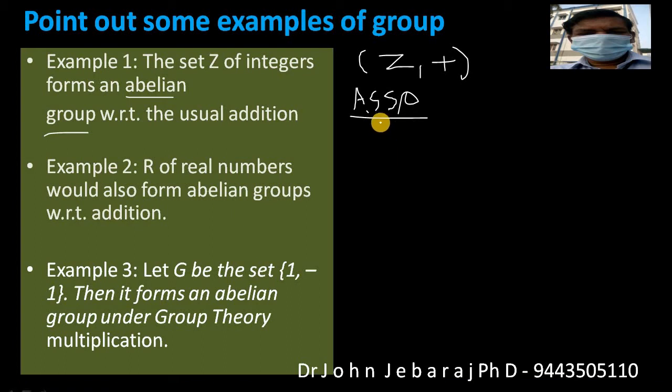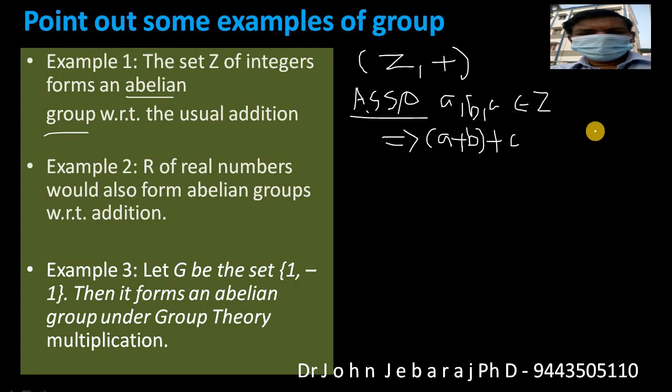Okay, so in this set Z, suppose A comma B comma C belong to Z, which implies definitely that first you are associating A with B, then you are associating C. This is one way of associating the three elements.